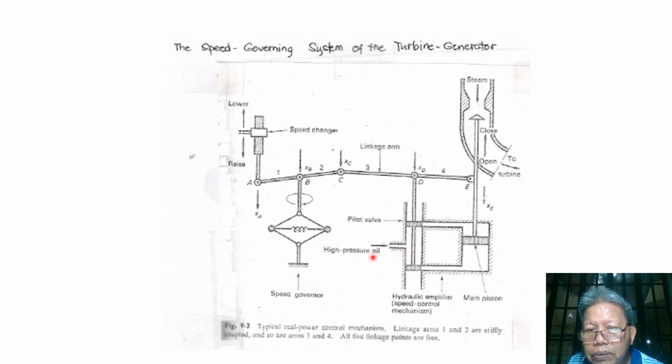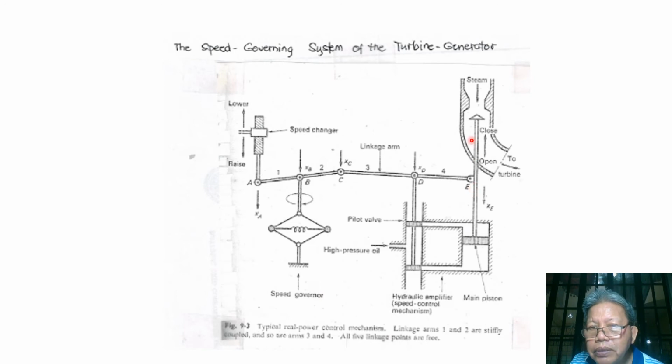So the oil from our reservoir can only flow going to the upper chamber of the large cylinder, pushing this main piston down, while since this piston rod has moved up, this is open here, so the oil under the main piston will just be drained towards the reservoir.